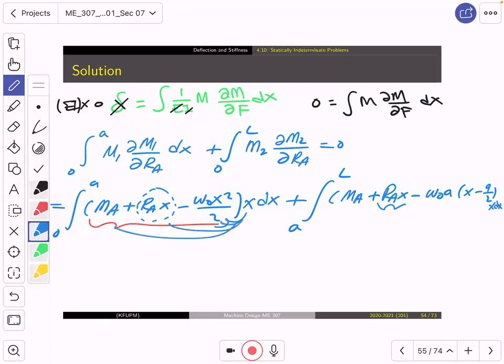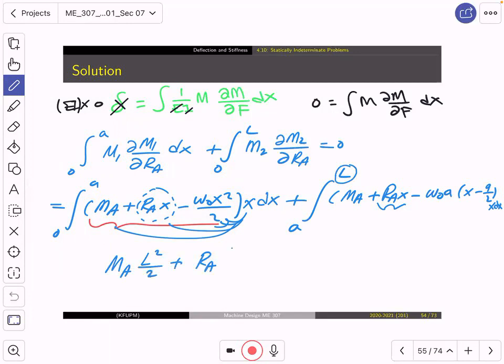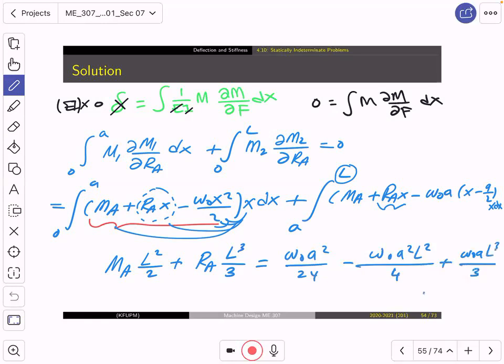You substitute for X equals 0 and X equals A. Here you substitute for X equals A and X equals L. When you do the substitution, you are going to get MA multiplied by L square over 2 plus RA multiplied by L cube over 3, which is equal to W0 A square divided by 24 minus W0 A square L square over 4 plus W0 AL cube over 3. That's equation number 1.